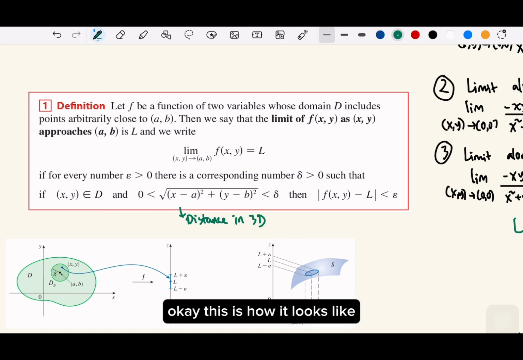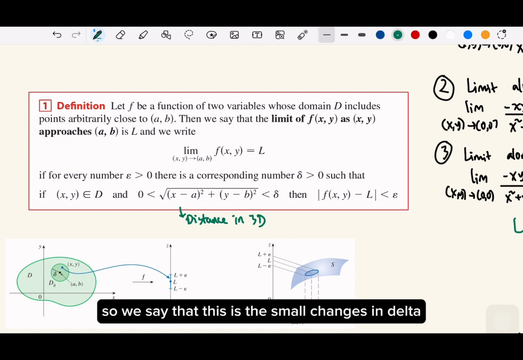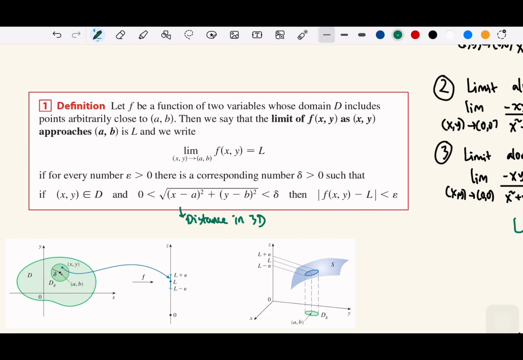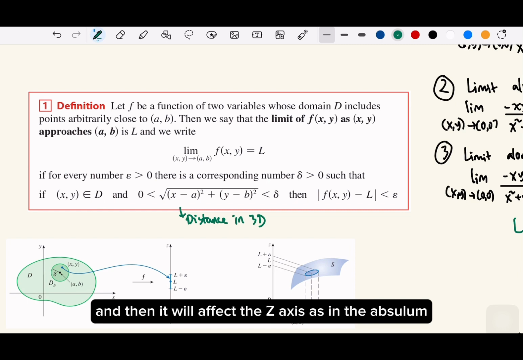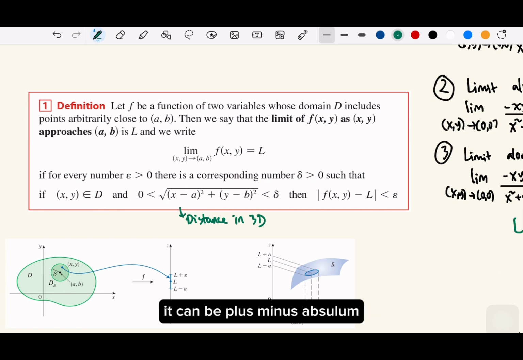This is how it looks. Delta is the distance within the xy domain, and then it will affect the z-axis as epsilon. It can be plus or minus epsilon.